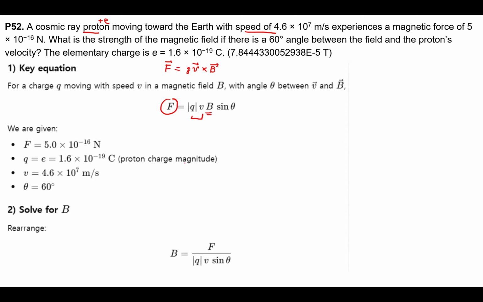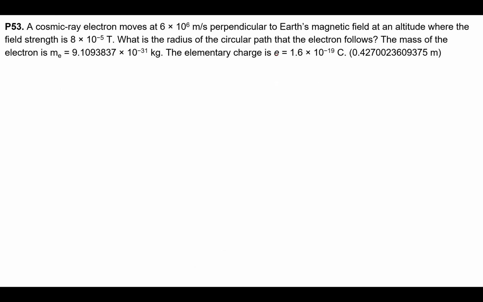Then we can find B from this formula. F is known, velocity is known, q is known, as well as theta, which is 60 degrees.